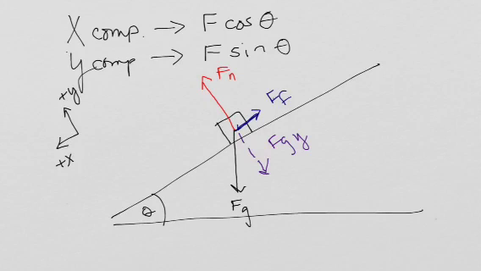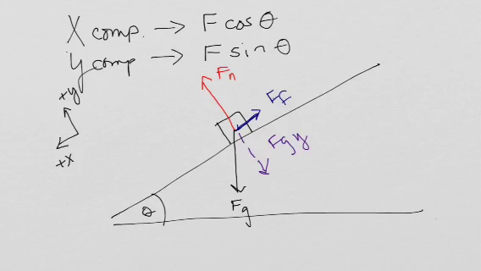So in this case, FGY starts at the tail of the force of gravity vector, and it points perpendicular to the incline. We're also going to have an x component for gravity.